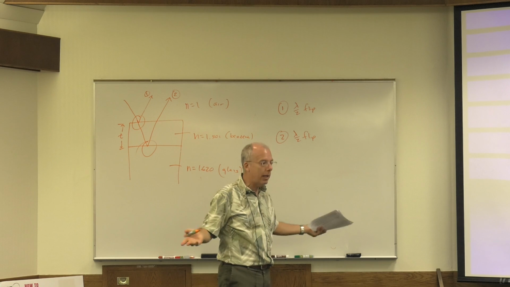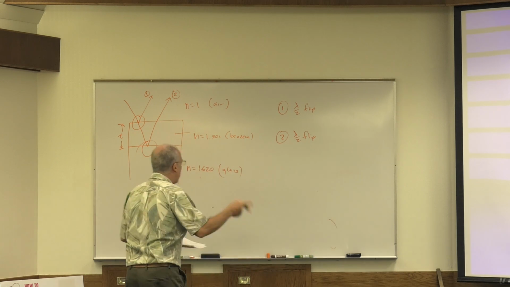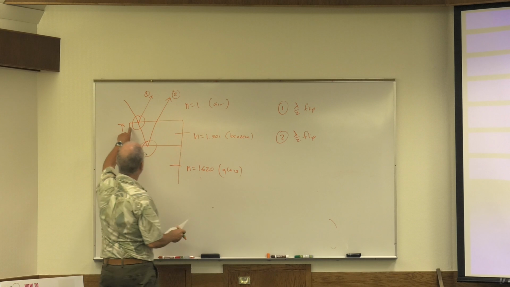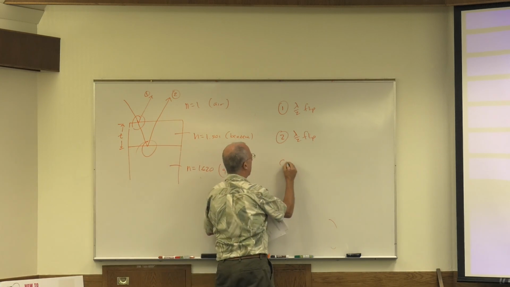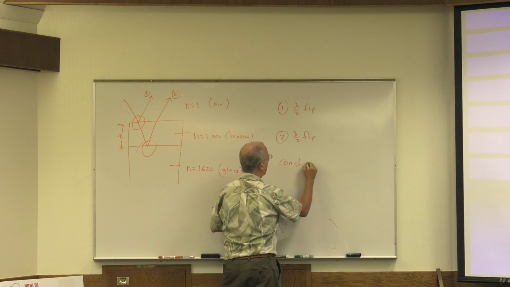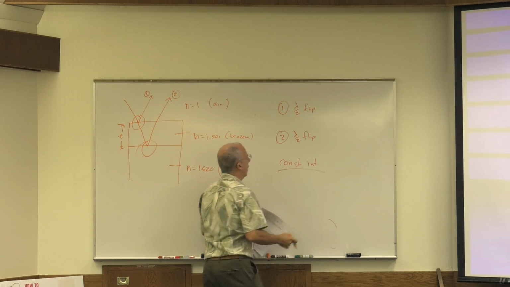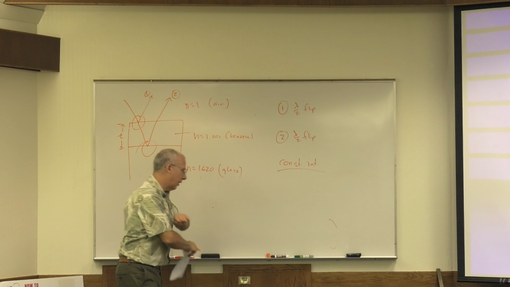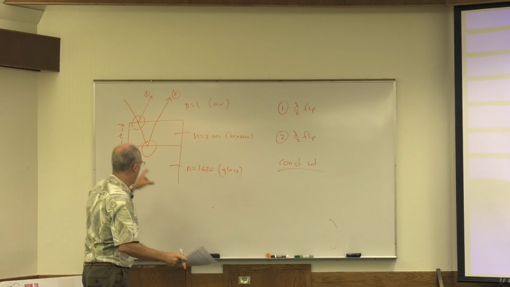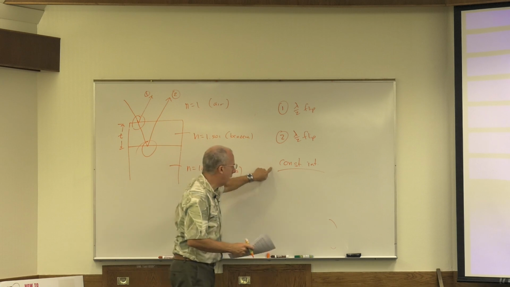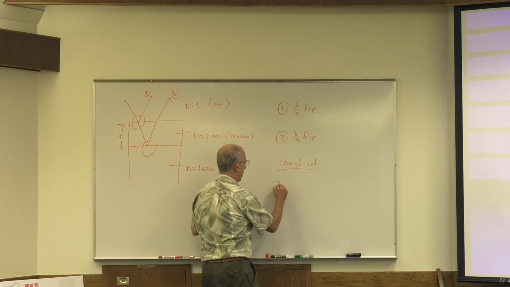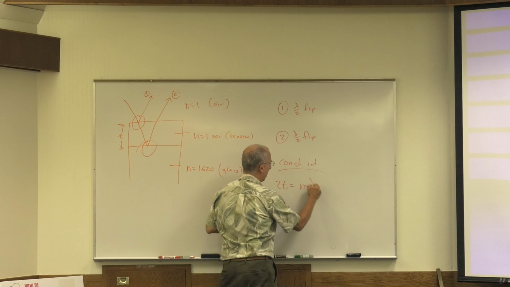So what's the only difference between 1 and 2? The path length difference. Since both waves flip, they're the same, and to remain constructive interference, we want the path difference to be m lambda.